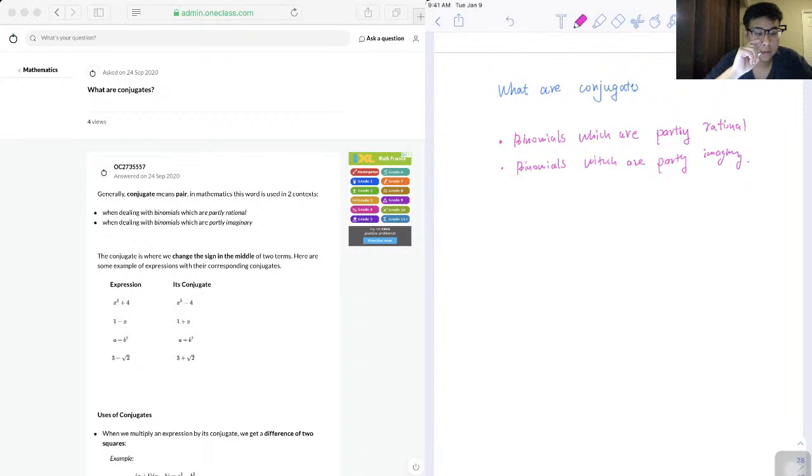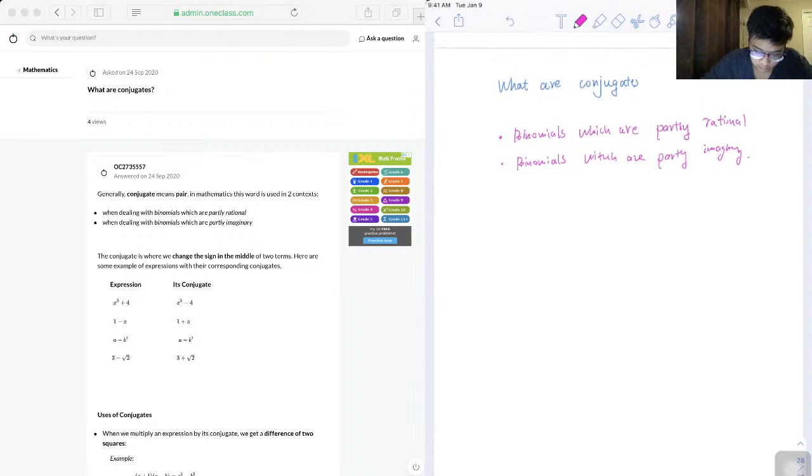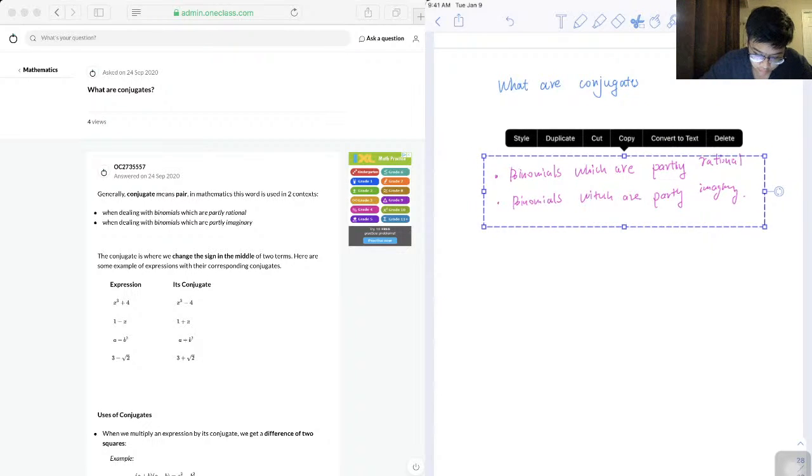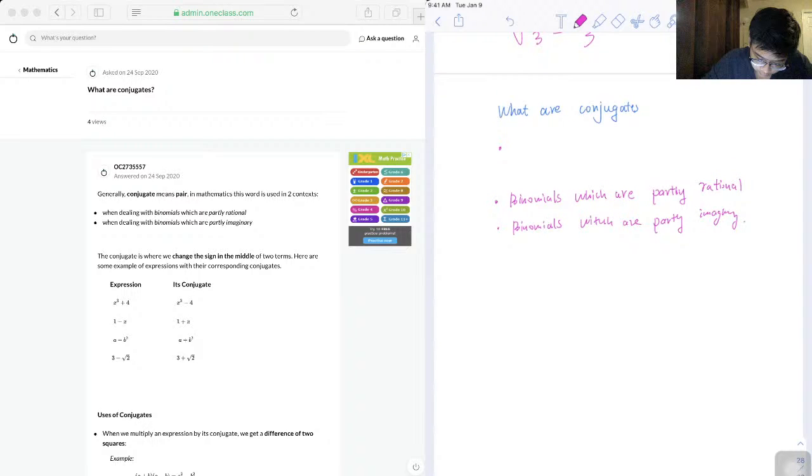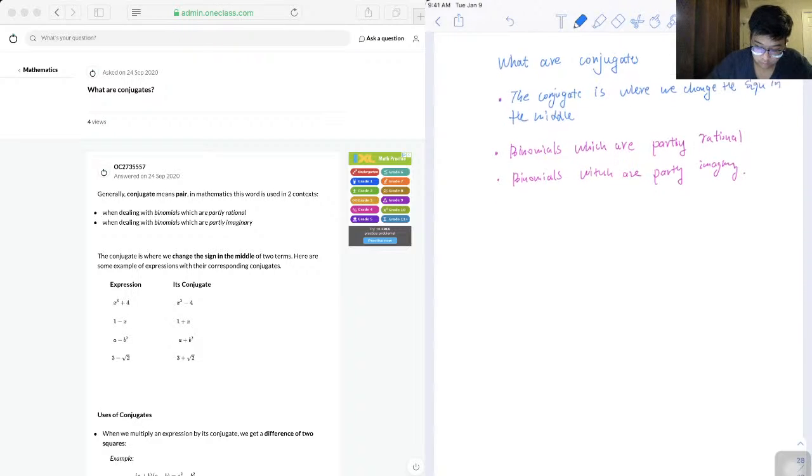And also notice that the conjugate is where we change the sign in the middle of 2 terms. And I'll use another color. The conjugate is where we change the sign in the middle. Right.